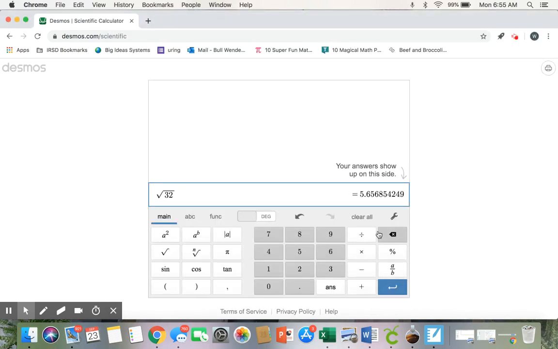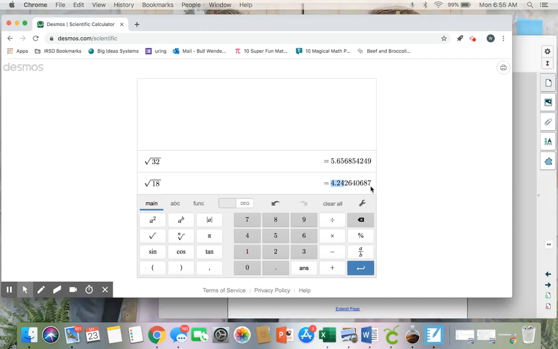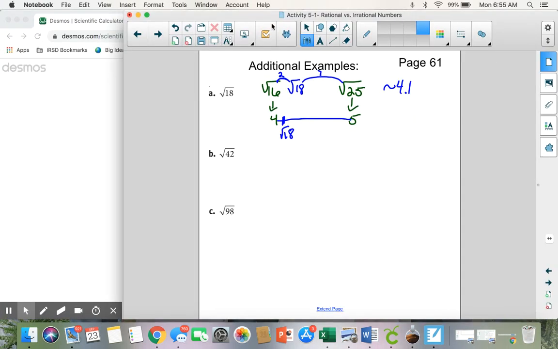So now I'm going to go into my calculator, and I'm going to hit the square root of 18, and it is 4.2426. So the actual answer, according to the calculator, is 4.2426. So I was close.